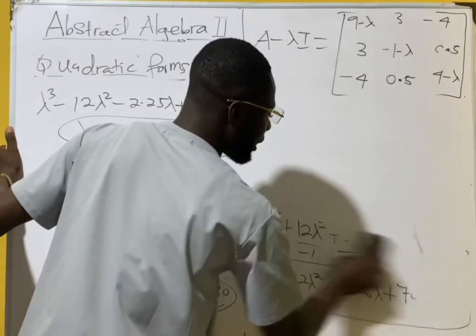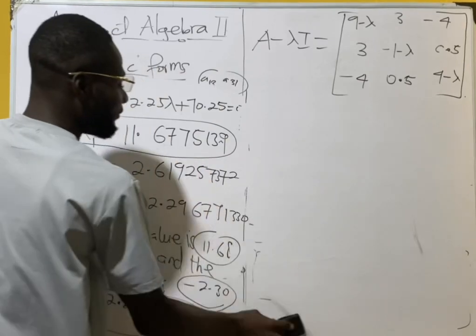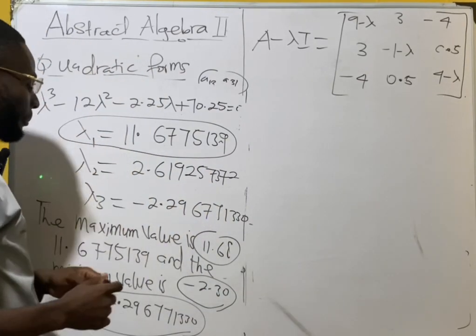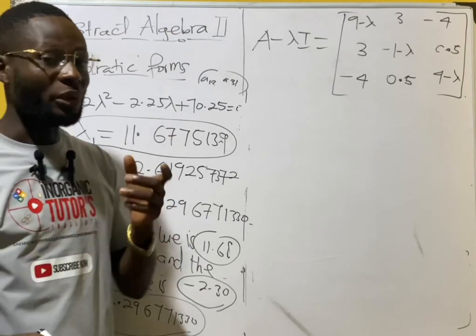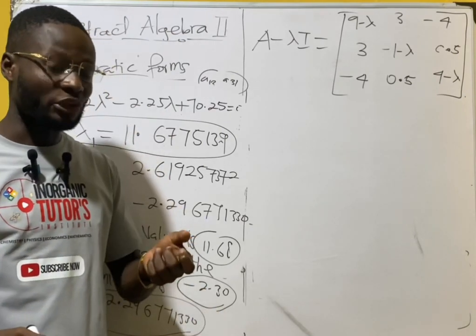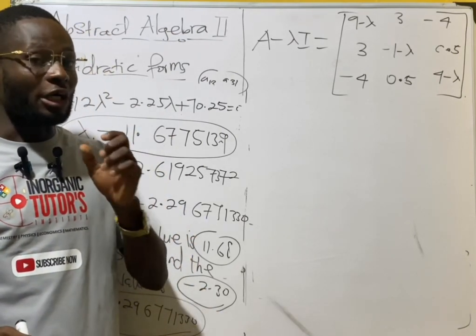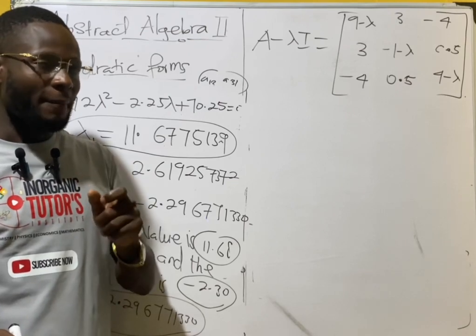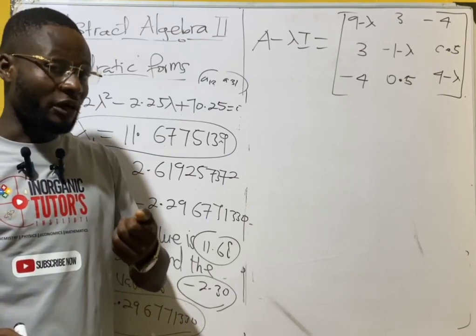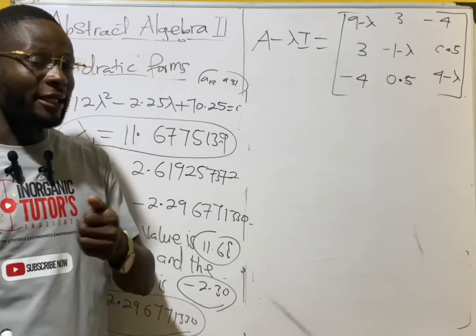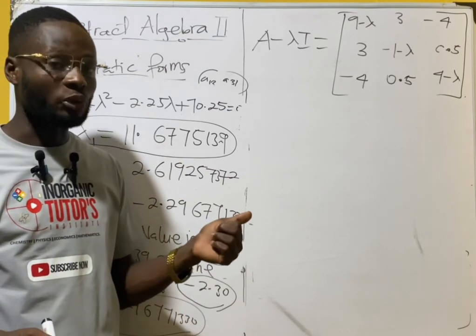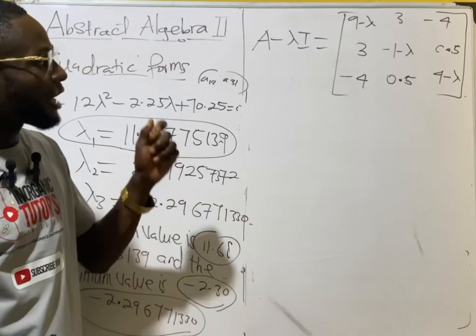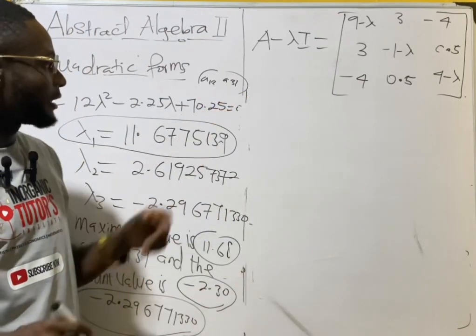Okay, so now that we know our eigenvalues and our maximum and minimum values, it means that we have to find the eigenvectors to be able to normalize our function, and know where the maximum value occurs and where the minimum value also occurs. So we have to find the eigenvectors, right?